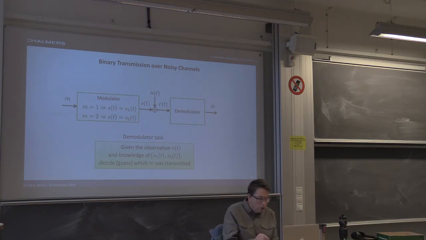Okay, so here we have the modulator block, here we have the channel, and here we have the demodulator block from our previous slide. So the input to the modulator is M, the message, and the message here is very simple. It's a binary variable, so it can take on 2 numbers.